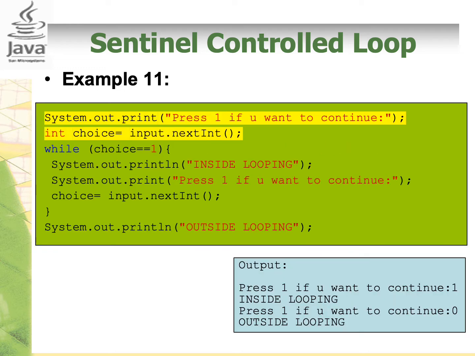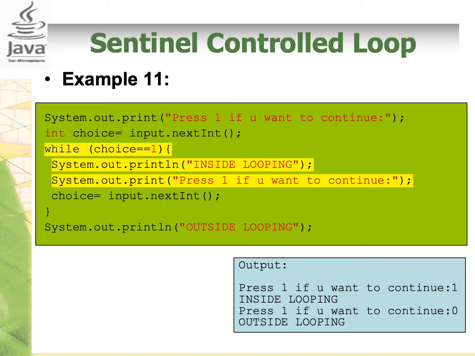In this program, the while loop will be repeated unless the user enters a choice value other than 1. The sentinel value is equal to 1. If you run this code, it will display press 1 if you want to continue. Then we enter 1, it saves the value in the variable called choice.